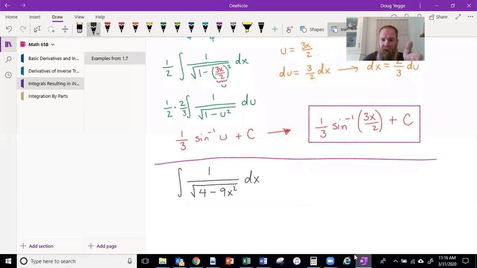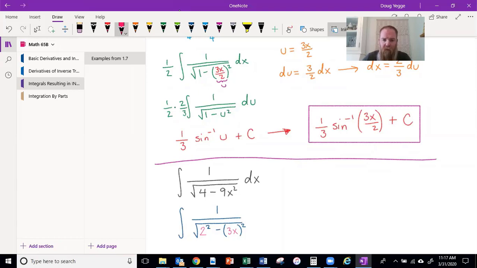Let's go back to OneNote over here. Doesn't that mean that I should be able to rewrite this as the integral of 1 over the square root of 2 squared minus 3x squared.